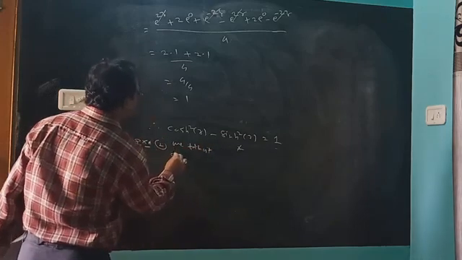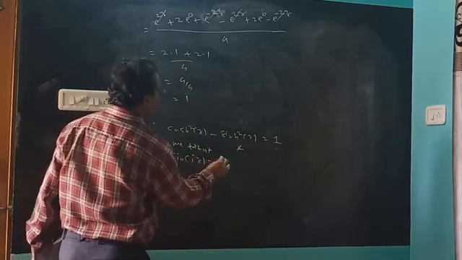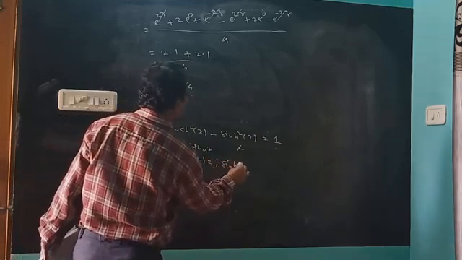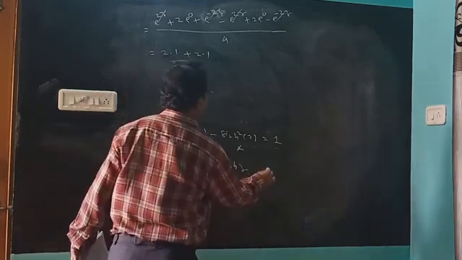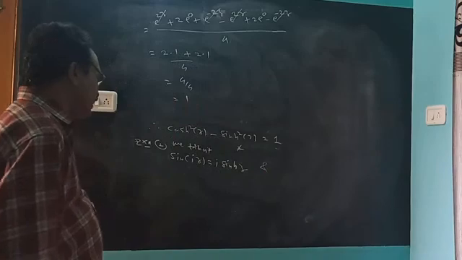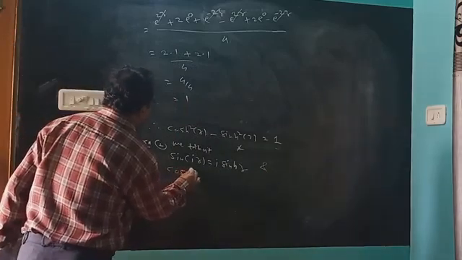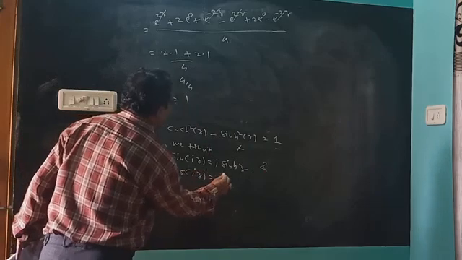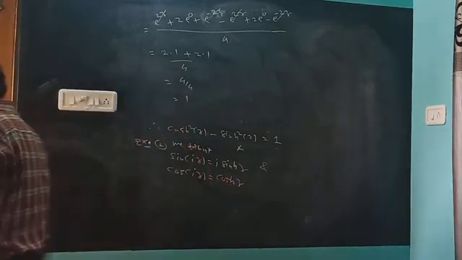Prove that sin of iz equals I times sin hz. So this is the relation of circular function with the hyperbolic function. So sin of iz is I times sin hz, and cos of iz is cos hz. So this is now a new relation, right?